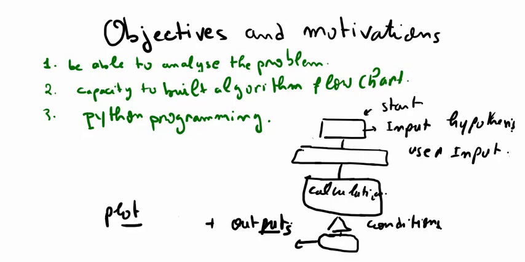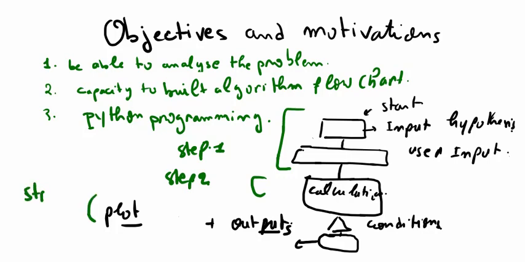So here results. So here we have step 1, step 2, and here step 3. Step 1 is inputs, different inputs. The hypothesis is also inputs. Calculation is the main running program.